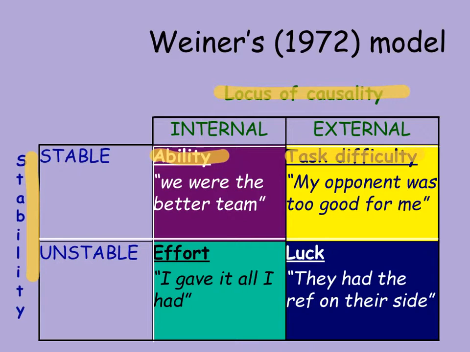And in the unstable part we have effort. So this is your effort, so it's internal, and obviously effort can change. And then we have luck in the bottom corner, which could be a refereeing decision, that luck wasn't on your side, or maybe it was, hopefully.